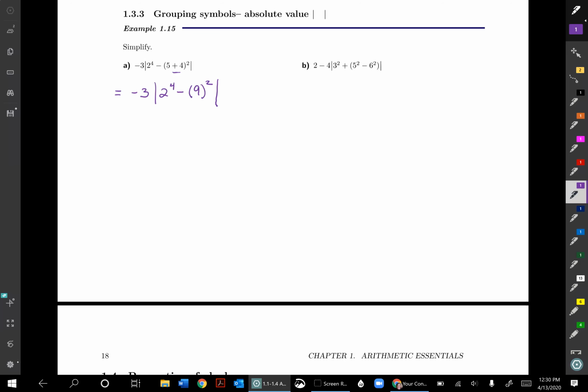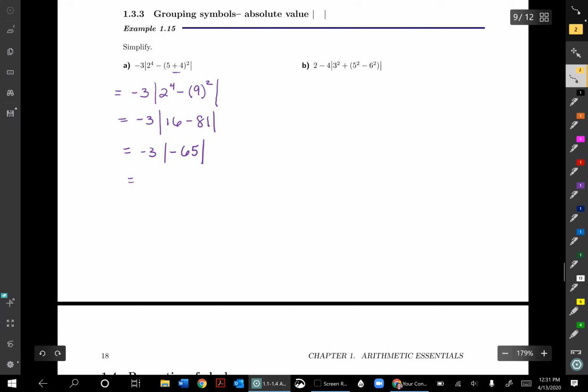Then we are going to go ahead and calculate our exponents. So we have negative 3, absolute value, 16 minus 81. And that equals negative 3, absolute value of negative 65. And the absolute value of negative 65 is positive 65.